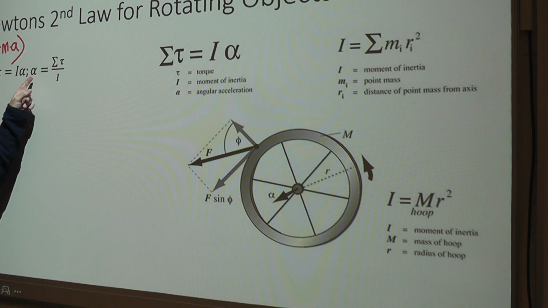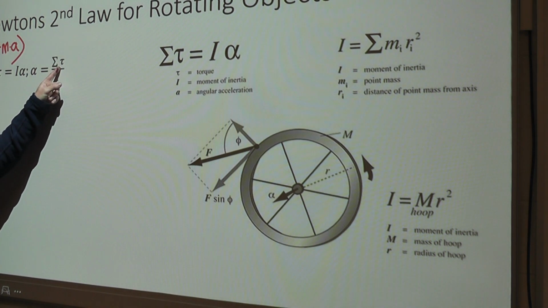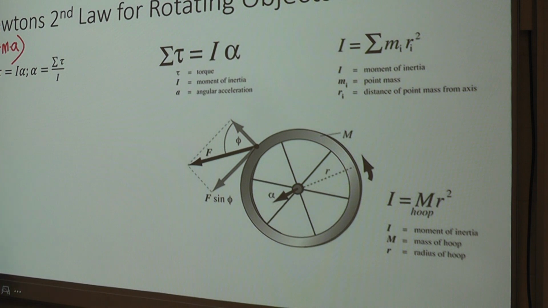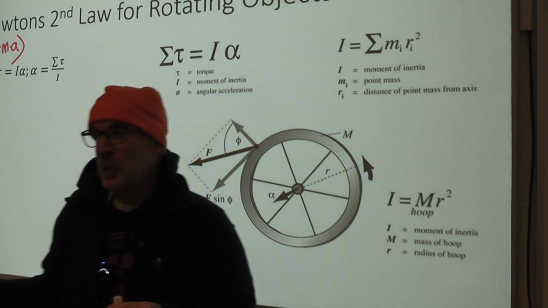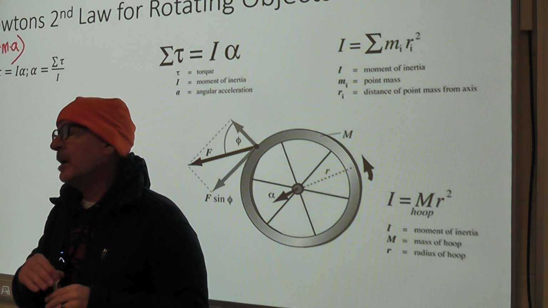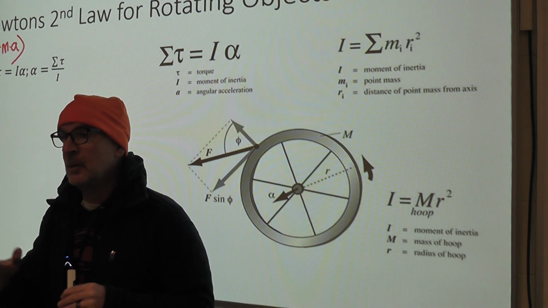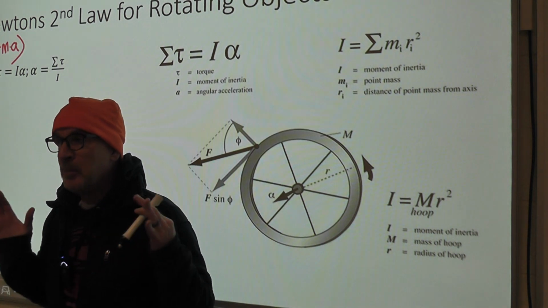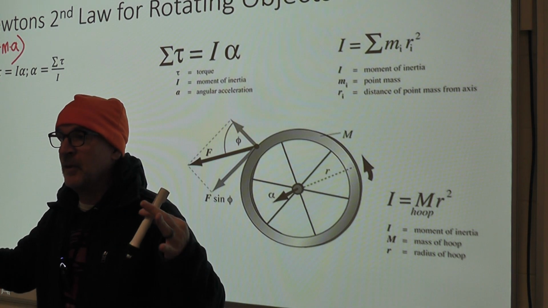In other words, for any given object, you will get more angular acceleration. Its angular velocity will change faster if there's a greater overall torque, or if there's a smaller moment of inertia. With linear motion, we can't change moment of inertia. We can't change mass easily while an object is moving. If I'm pushing something around, its mass is fixed.